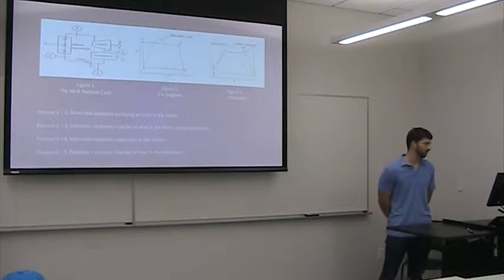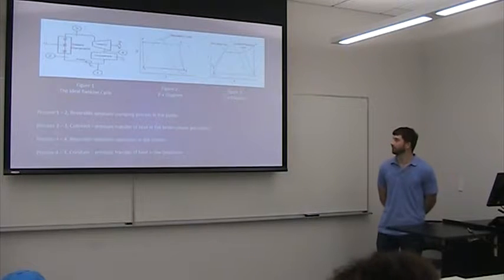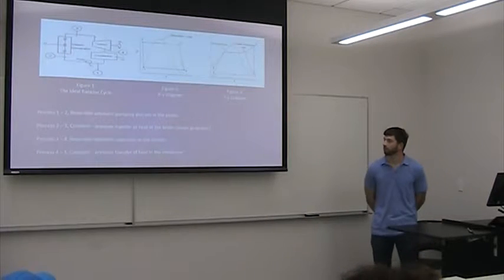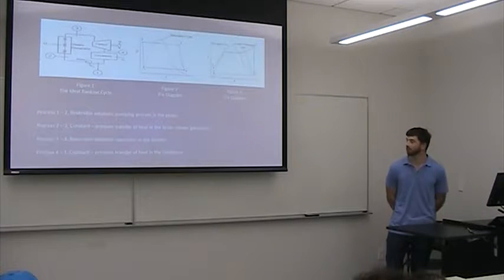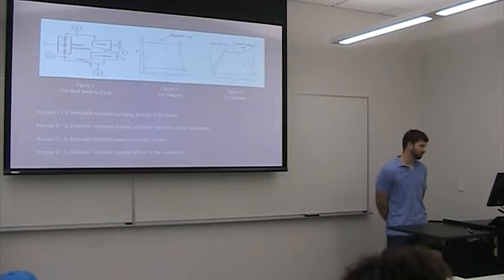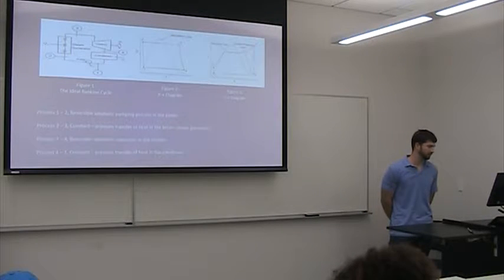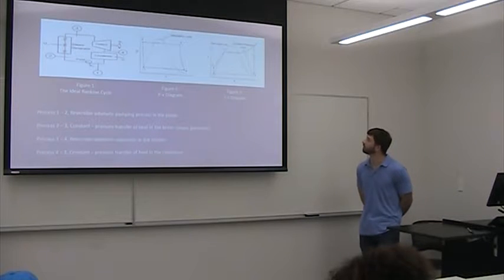And then from 3 to 4 is a reversible adiabatic expansion through the turbine. And then from 4 to 1 is another constant pressure transfer of heat through the condenser. And then figures 2 and 3 are the standard PV and TS diagrams for the Rankine cycle.